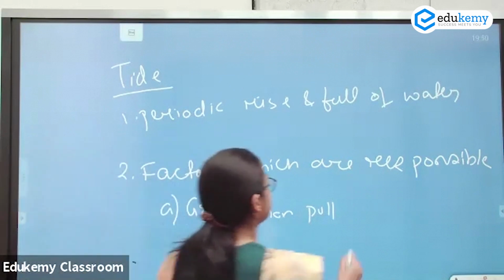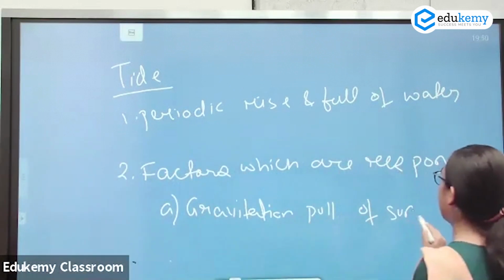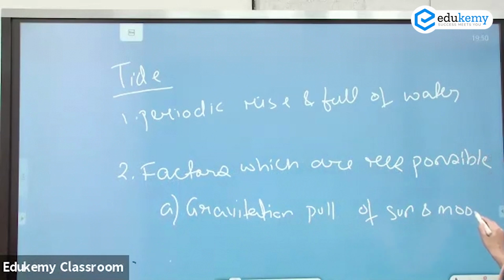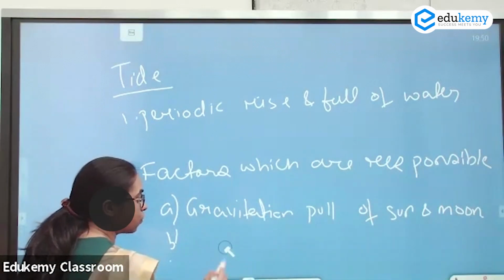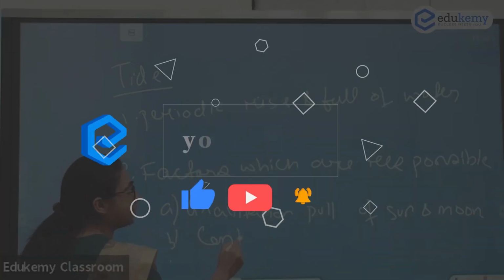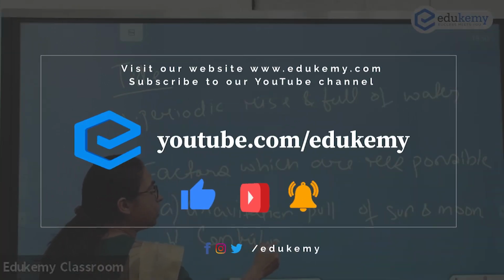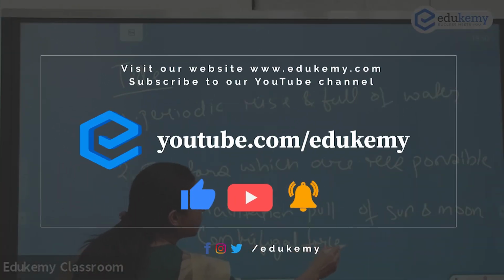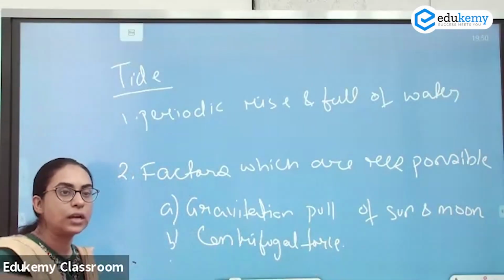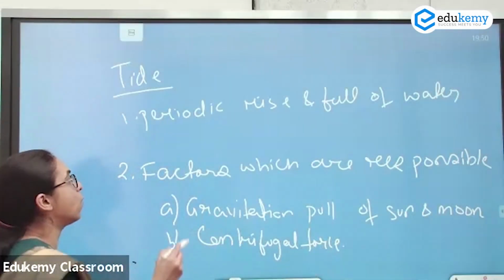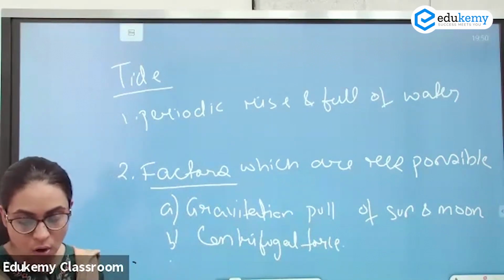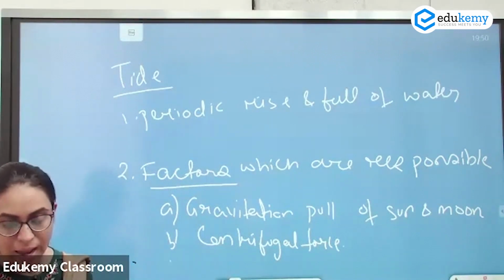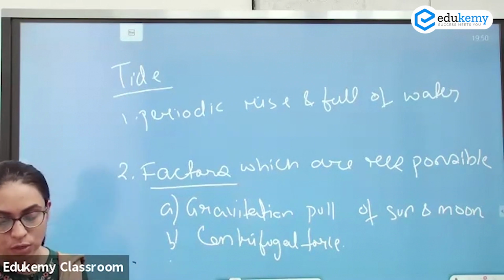The second is the centrifugal force. What is tide? Nothing but the periodic rise and fall of water. What are the factors which are responsible? The gravitational pull of sun and moon, and also the centrifugal force.